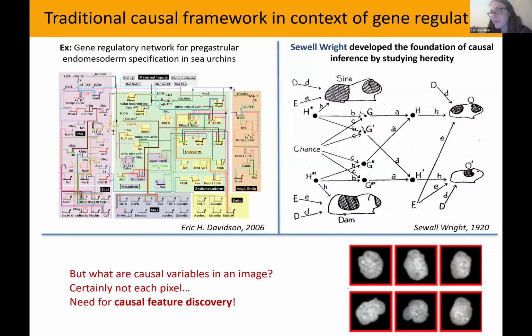They should all be together one node, one causal variable. So even in the setting where we believe we know what the causal variables are, it's not clear that we really know them. We have to learn them, and there might be many fewer causal variables than 20,000 protein coding genes. And so the problem is, how do you learn what these causal variables are?